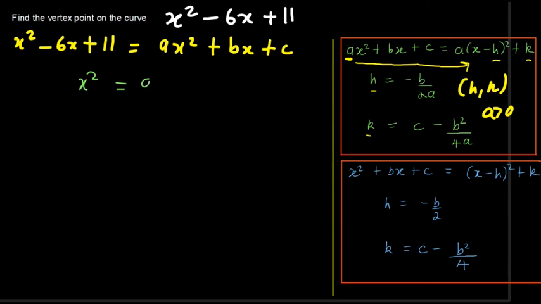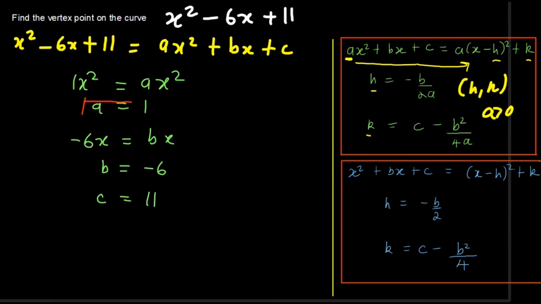You just compare coefficients of x with the same power. For x squared the coefficient is 1, which means our a is 1, and we compare minus 6x with bx, so our b is minus 6, and our c is 11.